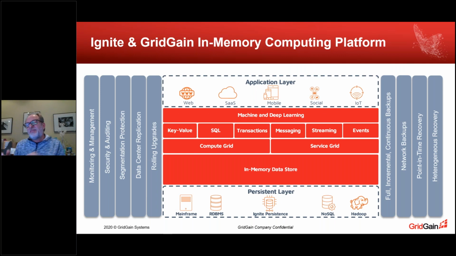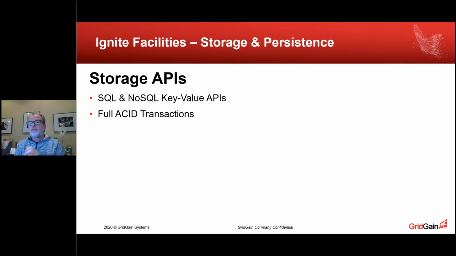And then the blue stuff, or gray as it shows up on my screen, those are the enterprise features for things like data center replication, security, auditing, monitoring, management, rolling upgrades, and stuff like that.